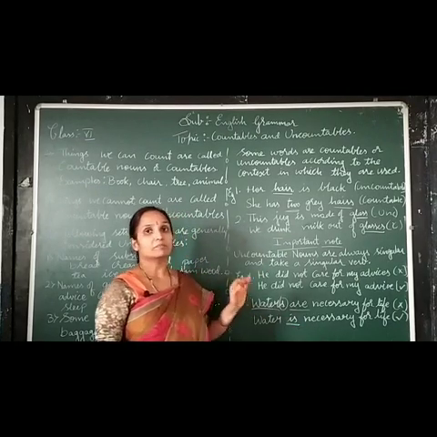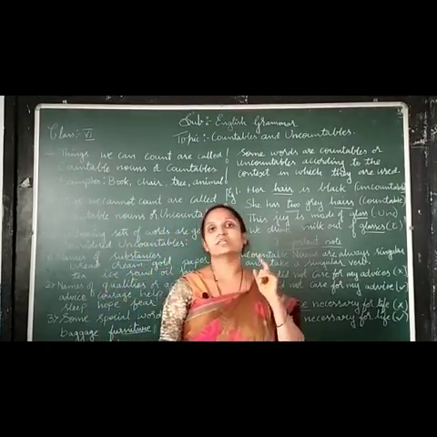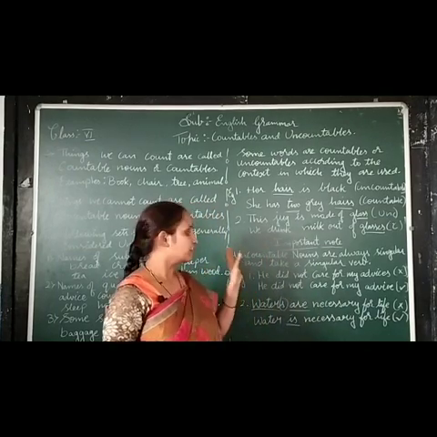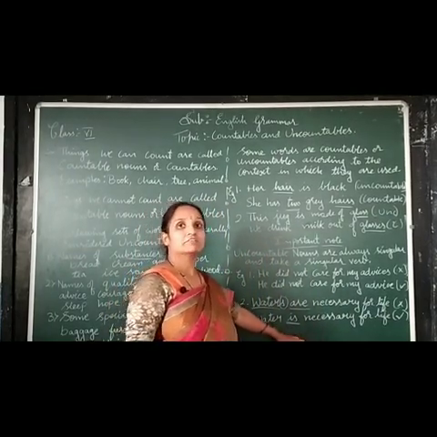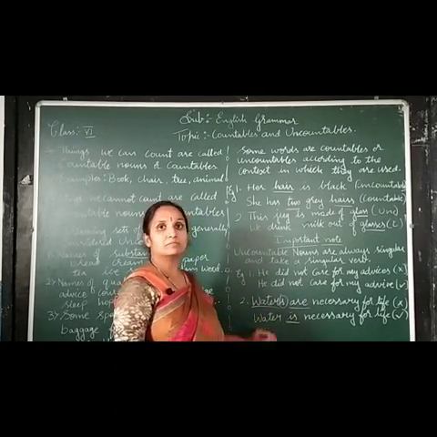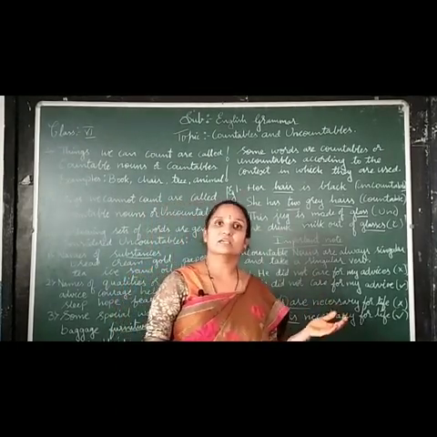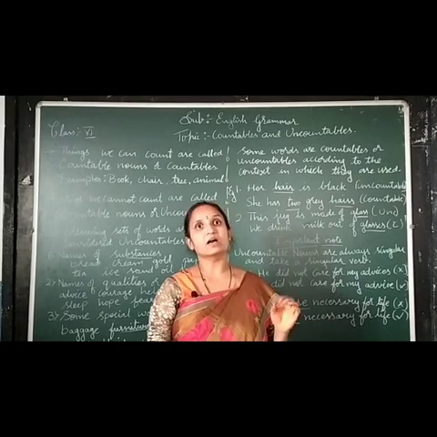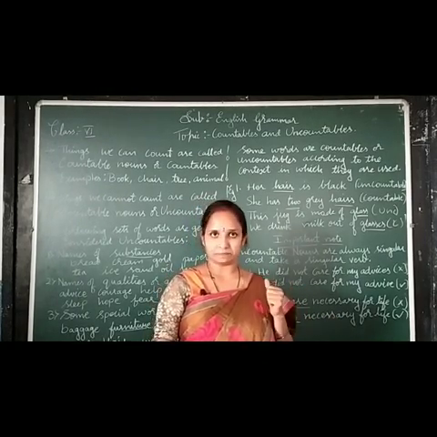You should remember, you should keep this in your mind. Always when the noun is singular, the verb will also be singular. When the noun is plural, automatically the verb will be in the plural form only.